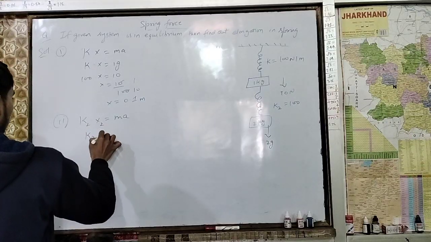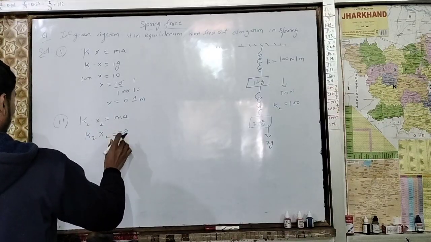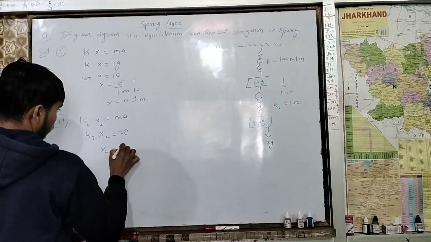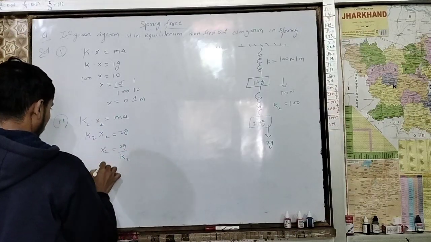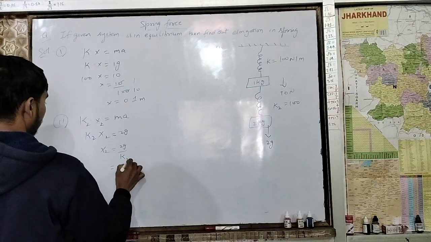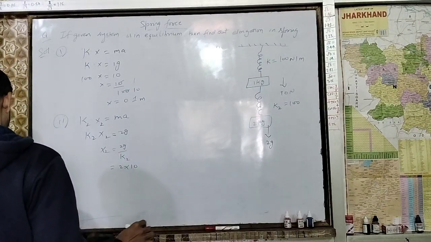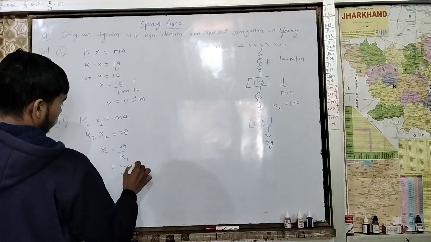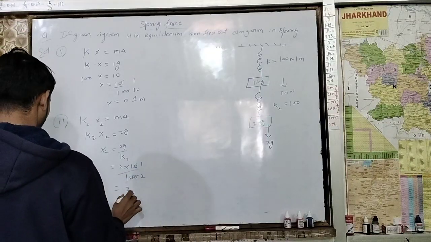You can write K2 X2 is equal to 2Z. Here X2 will be your 2Z upon K2. But my question is, K2 is how much? You would say K2 is 100.